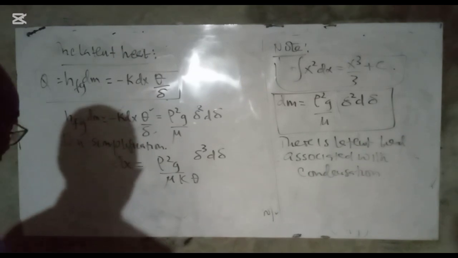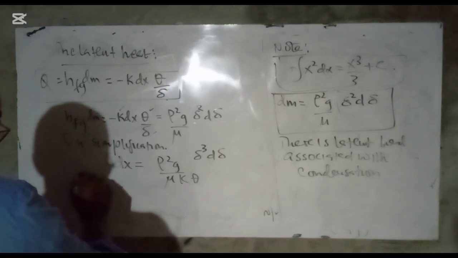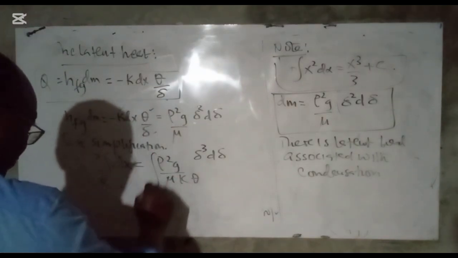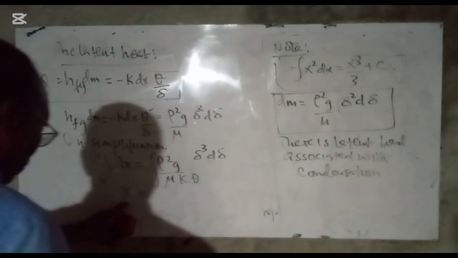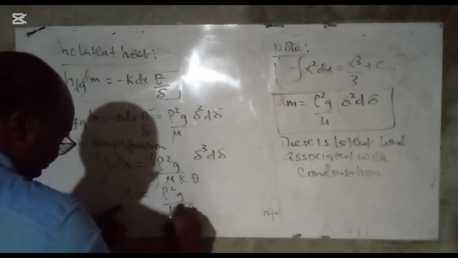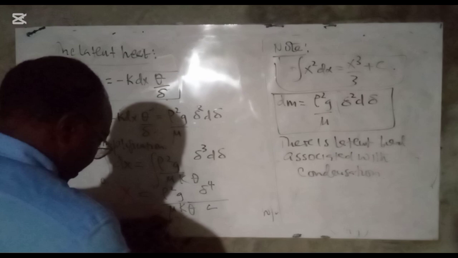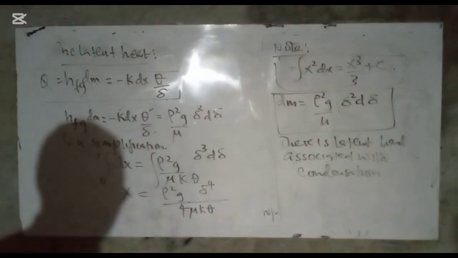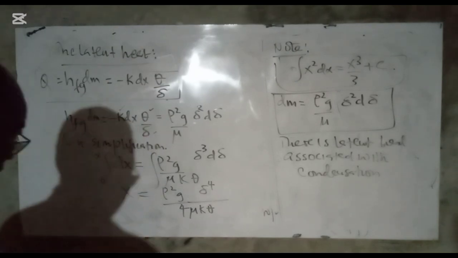And when we integrate from 0 to x, we will have x as equal to rho squared g over mu k theta, sigma to the power 4 over 4 mu k theta, as our value here.